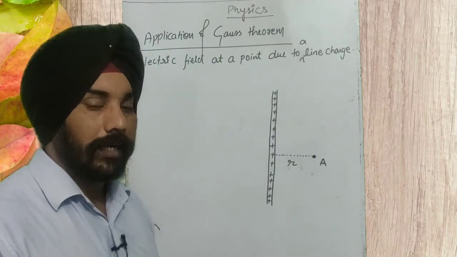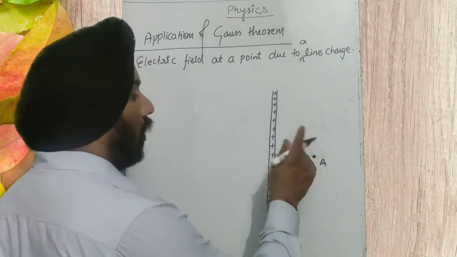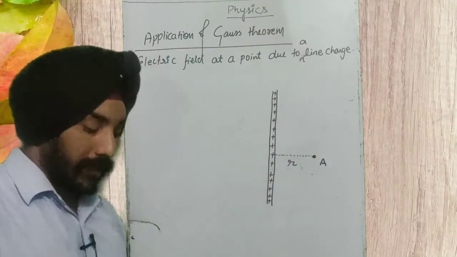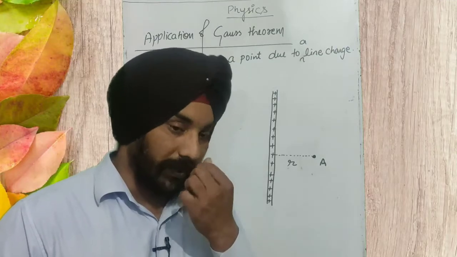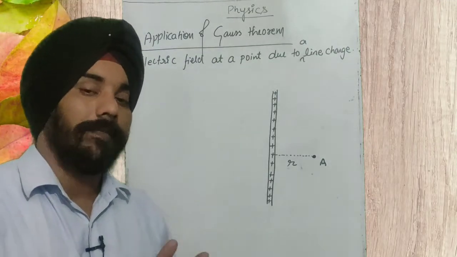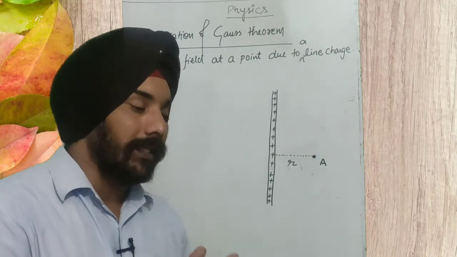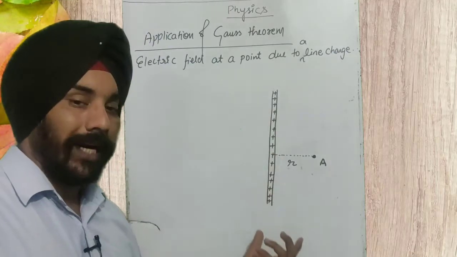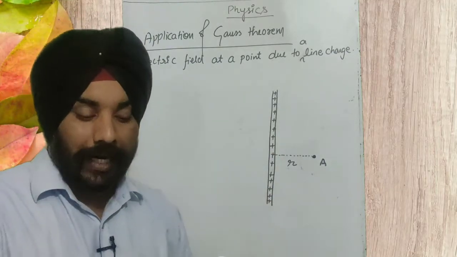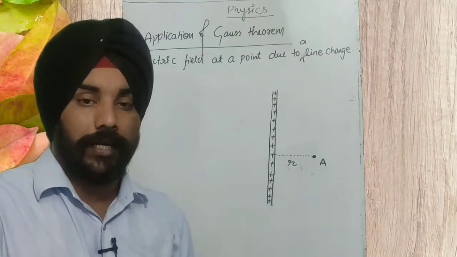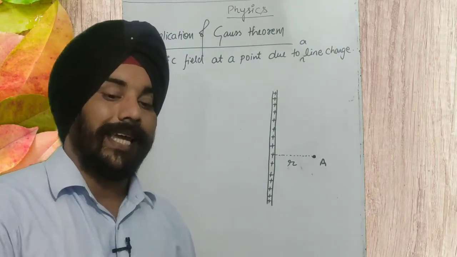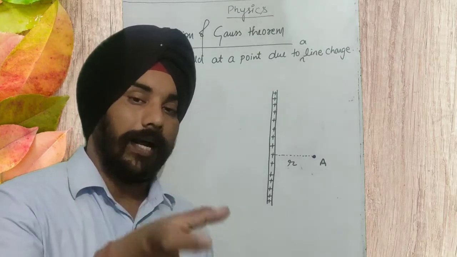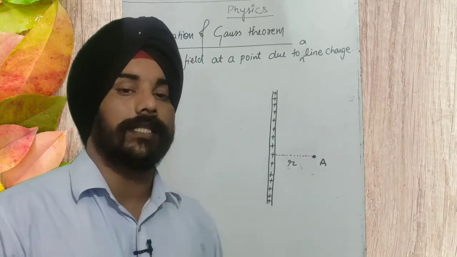and it should be drawn by dotted lines. Okay, so I am going to draw the Gaussian surface, but what must be the shape of the Gaussian surface? That is the question. Whatever the shape of the charge distribution, charge is distributed on some body, and whatever the shape of that body will be, that same shape will be that of the hypothetical Gaussian surface.